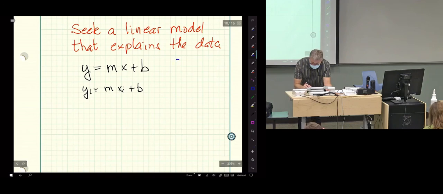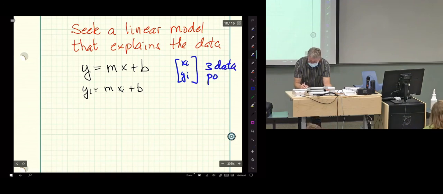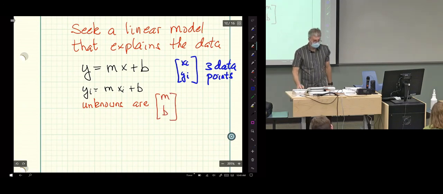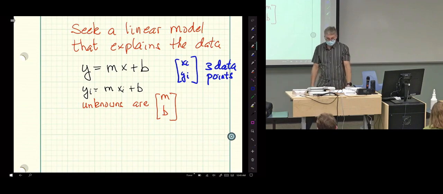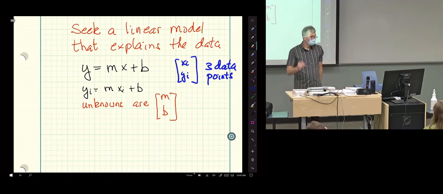So the data points are in the form xi, yi. My unknowns are the y-intercept and the slope. For some reason, I'm going to put the slope on top and the y-intercept on the bottom. But who cares, okay? Those are the unknowns.